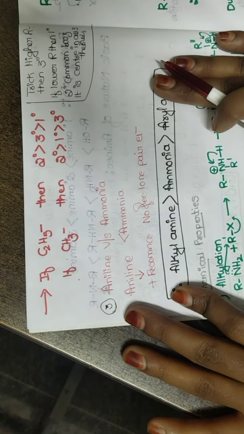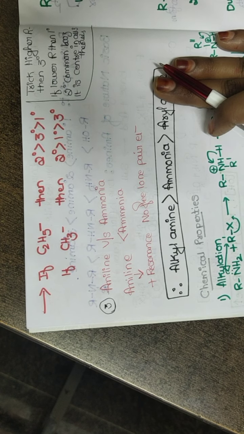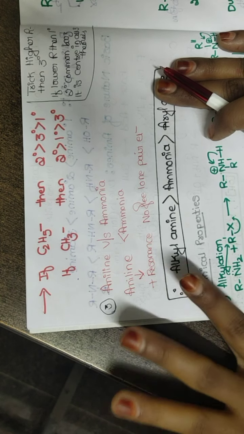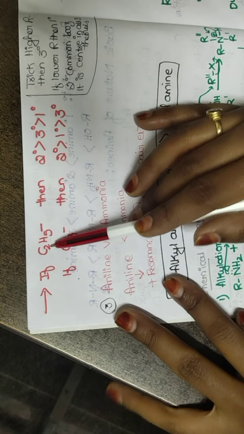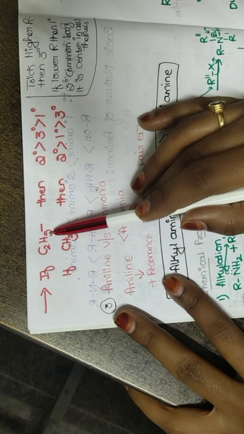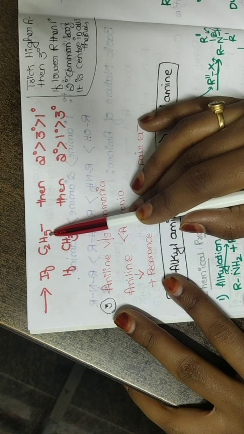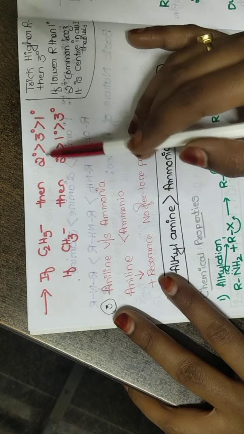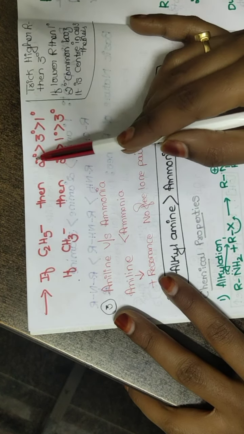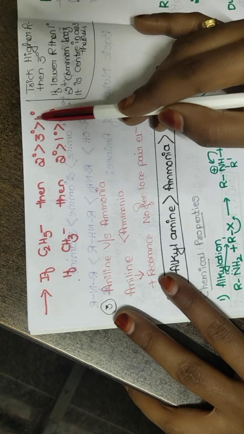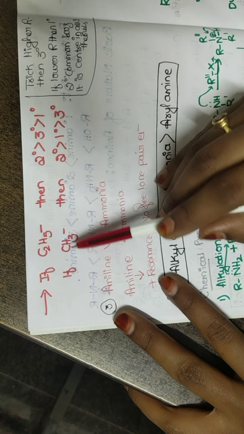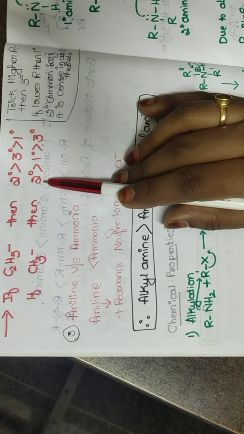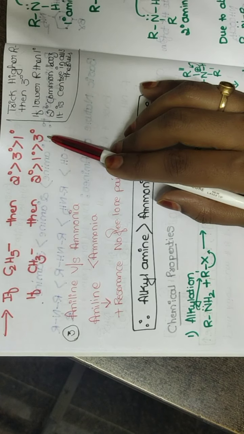So the next is, one trick is here. If I have R as an ethyl group for all the three, primary, secondary and tertiary, then the order of basic strength will be secondary, tertiary, followed by primary. If R is a CH3 group, then secondary followed by primary and tertiary.